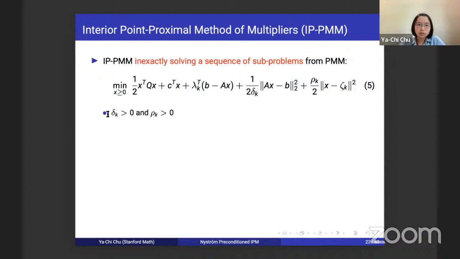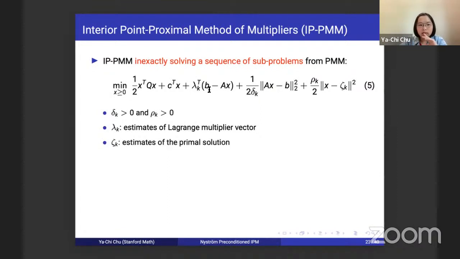The first two are delta and rho, which are regularization parameters. It is also parameterized by lambda k, which is an estimate for the Lagrange multiplier corresponding to the constraint Ax equals b. The third is zeta k, which is the estimate for the primal solution. So in the PMM method, we have the subproblem parameterized this way.